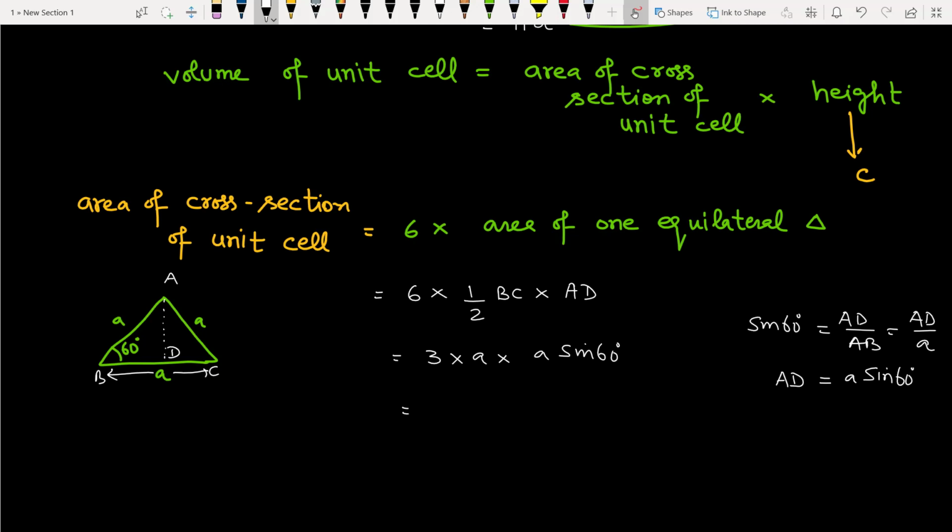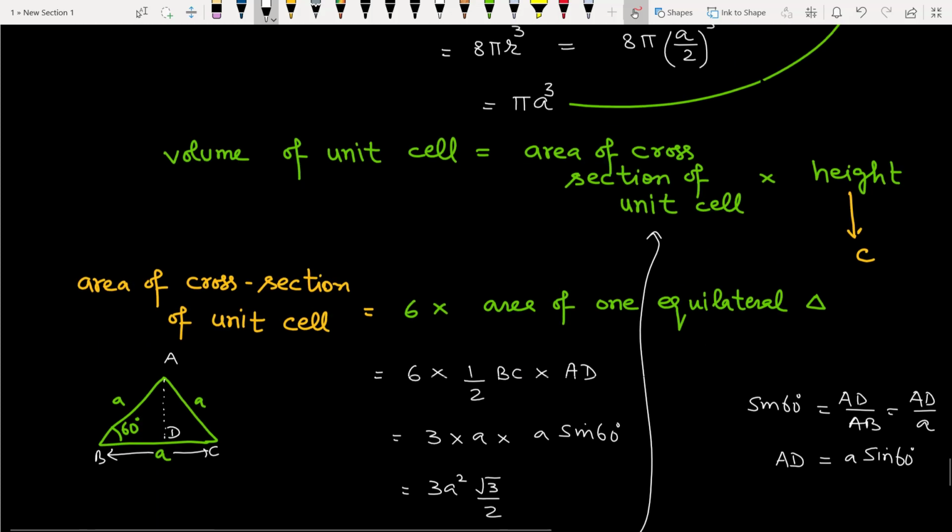So sine 60 is root 3 by 2. So it is 3 root 3 A square by 2.